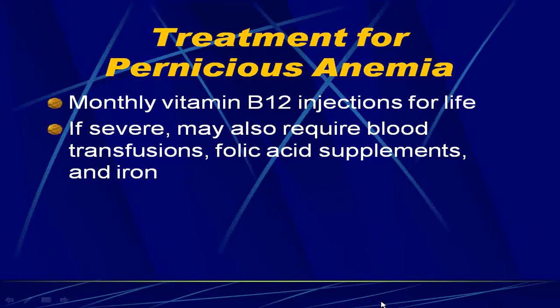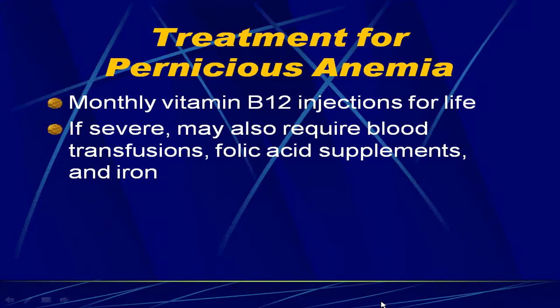And so the treatment for this disorder is that the person is going to have to take monthly vitamin B12 injections for life, because they don't have the ability to absorb vitamin B12 in the body, so they will have to take these injections for life so that their red blood cells will mature adequately.